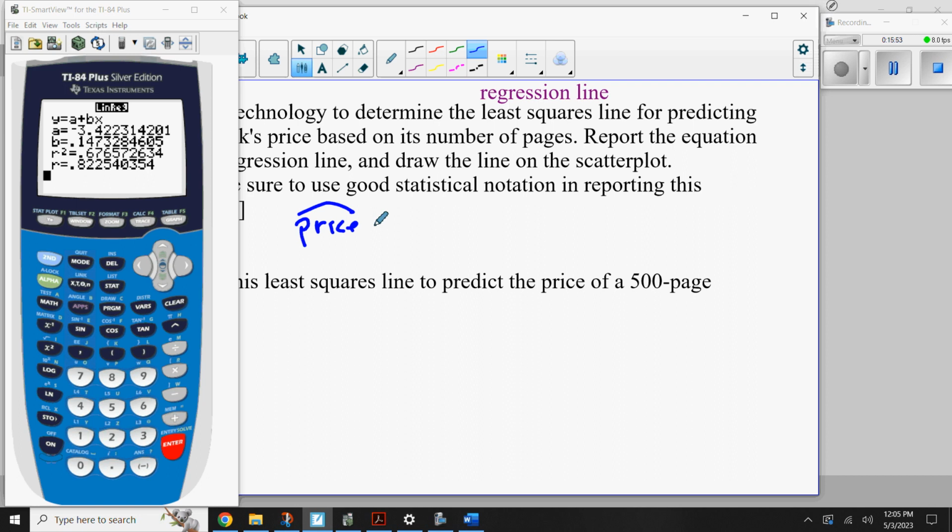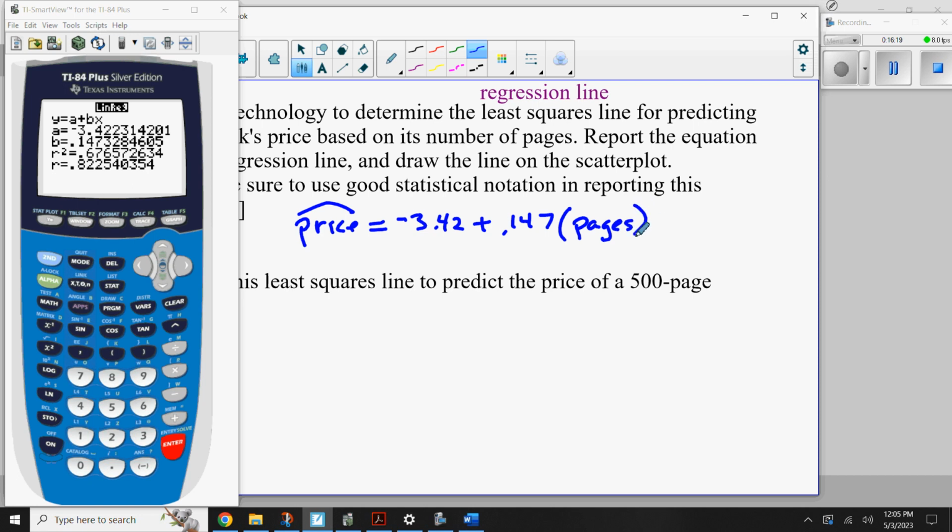And that is equal to a, which I have here as negative 3.42, I'm just rounding off, plus b, my slope, 0.147 times pages.